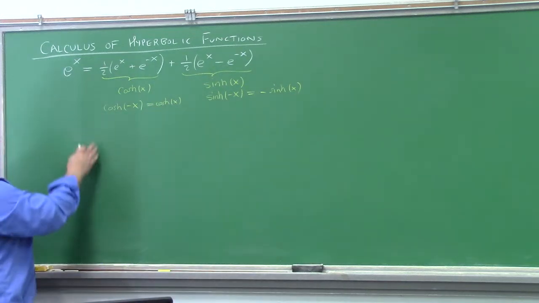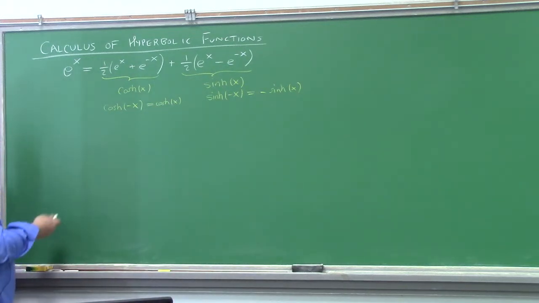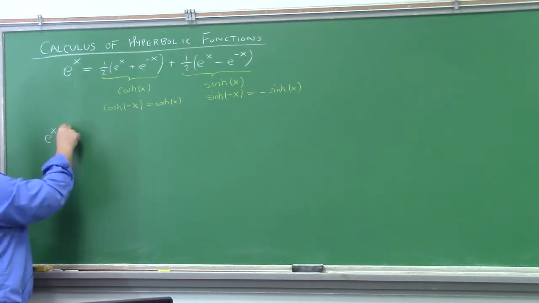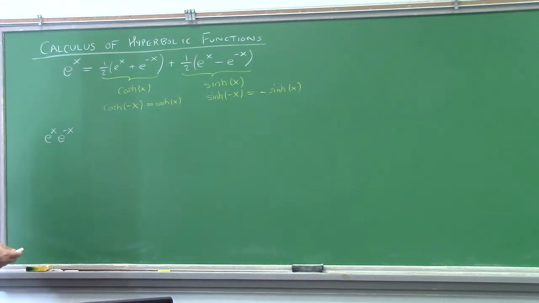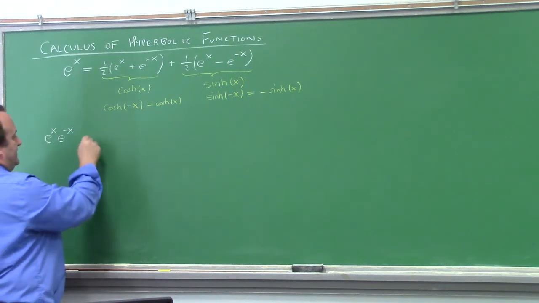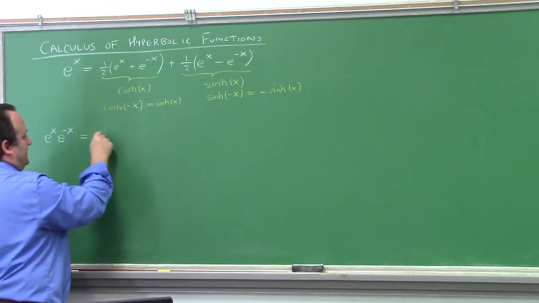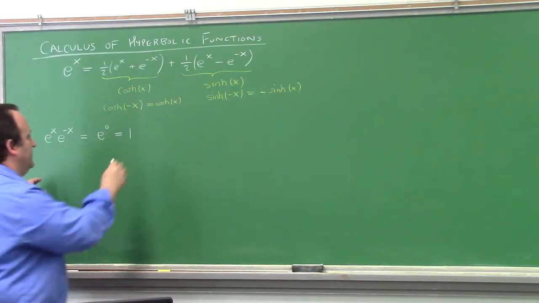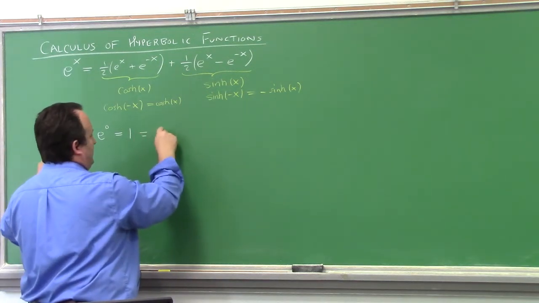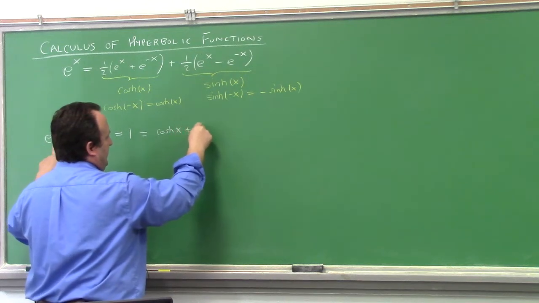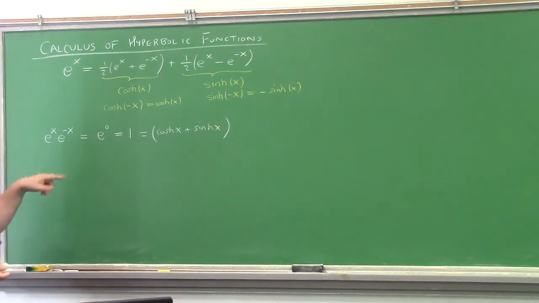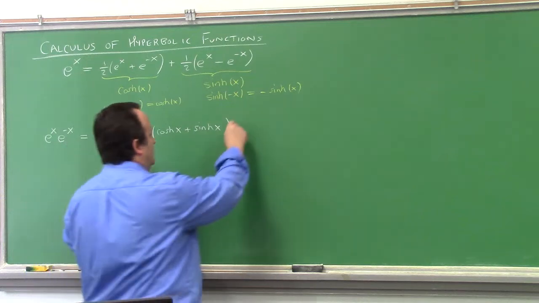The next thing I would do, just taking a walk down memory lane, is to notice that e to the x times e to the minus x is equal to e to the 0, which is equal to 1, right? But it's also equal to e to the x, which is cosh x plus sinh x, and e to the minus x, because hyperbolic cosine is even and hyperbolic sine is odd, that's cosh minus sinh.